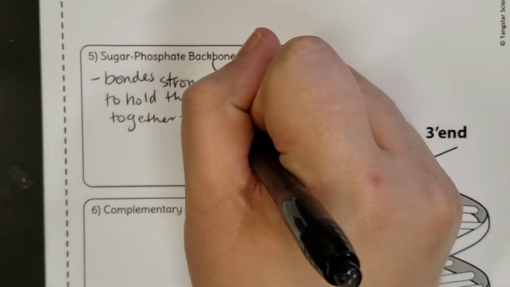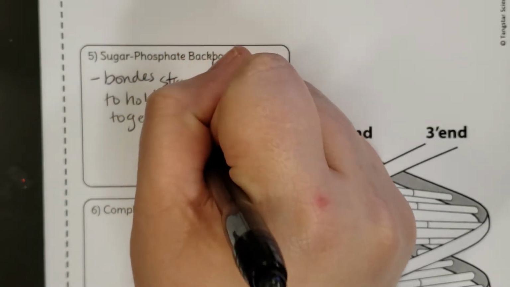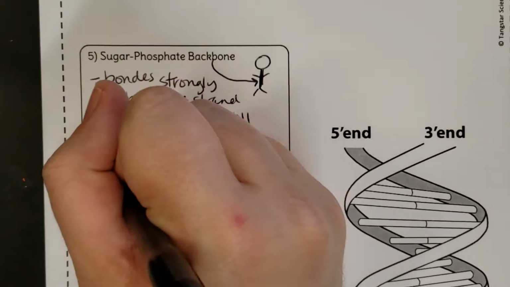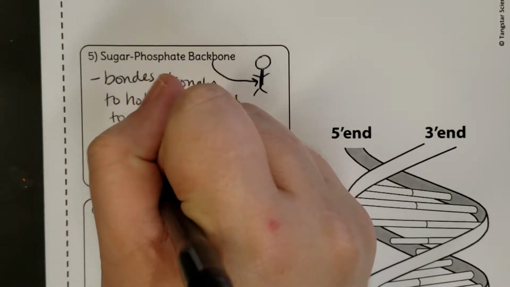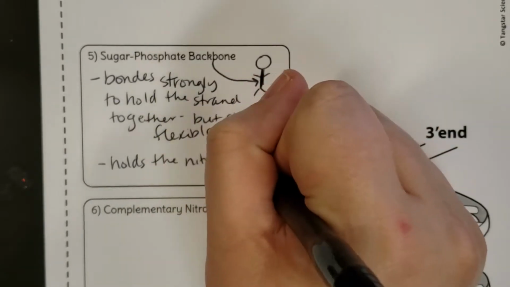But they're still flexible, and you'll see that that's important in just a minute. And this is what holds the nitrogen bases in place.